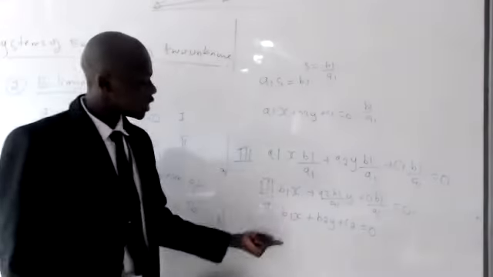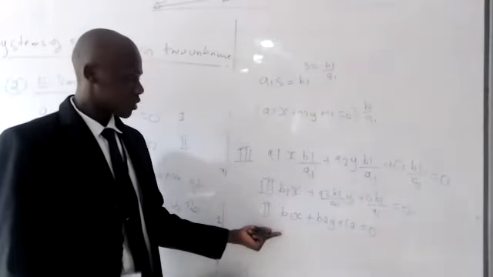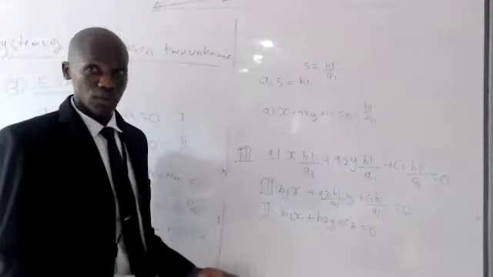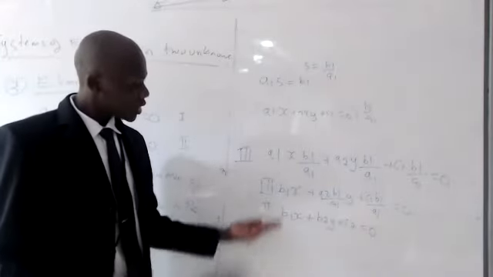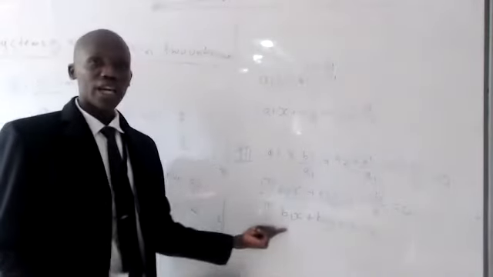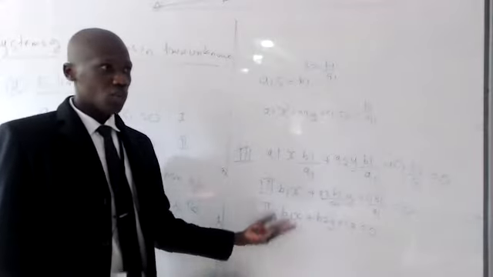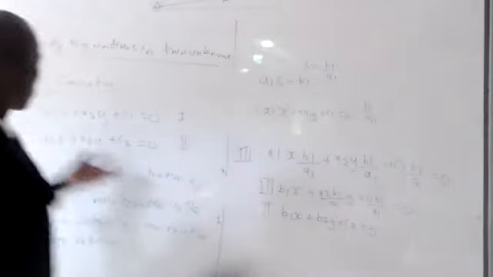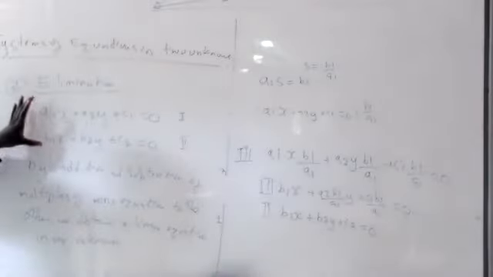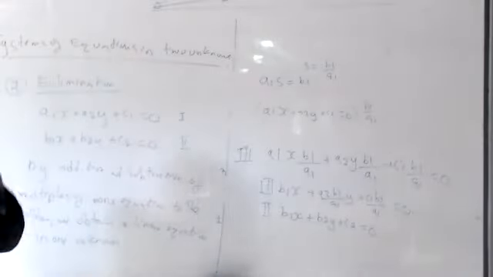It will be very easy to eliminate x because I have the same coefficient of x in both the equations. I can just subtract one from the other. Then in the resulting equation, I will not have any x variable. So by elimination, I've been able to reduce this system to just one unknown, okay?